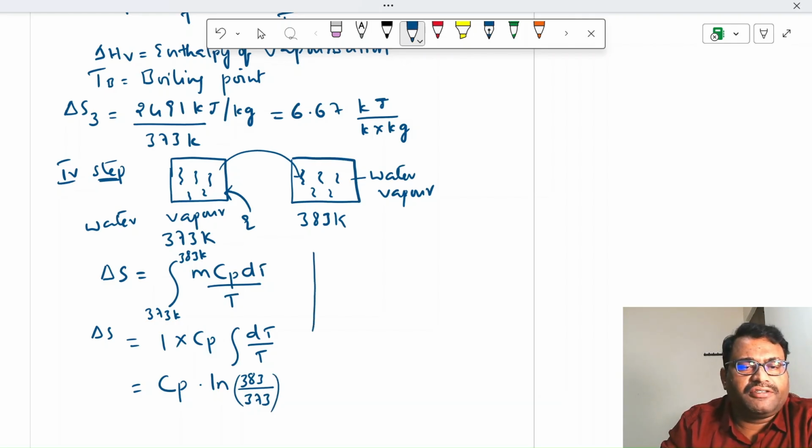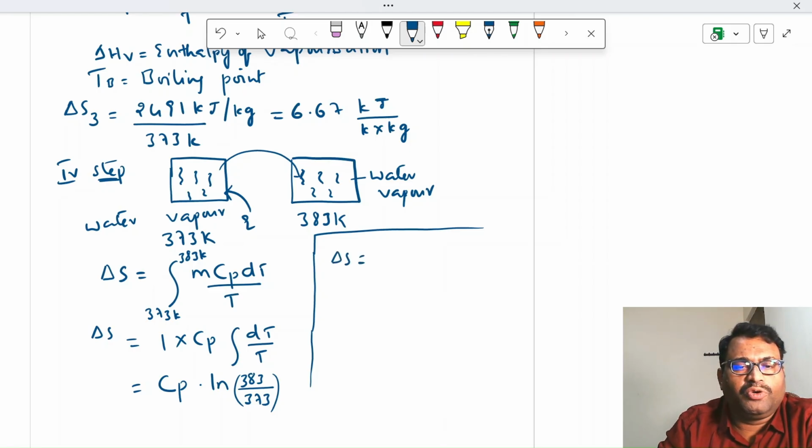So delta S is equal to 2.303 into Cp into (log 383 minus log 373).